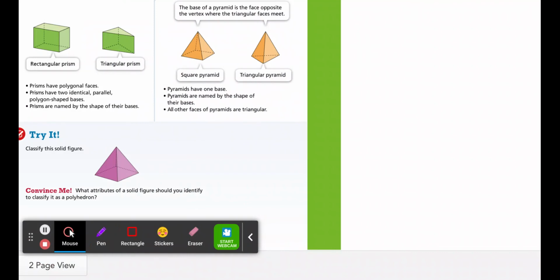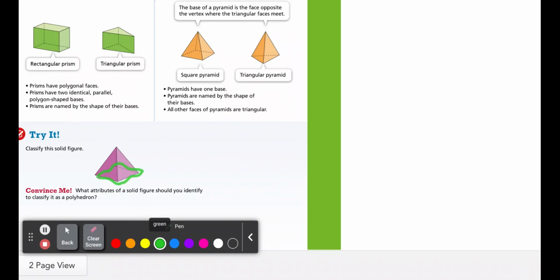Let's classify the figure. The first thing I am going to look for is the base. What shape is the base? I'm going to outline it. What shape is that? Is it rectangular, square, or triangular?